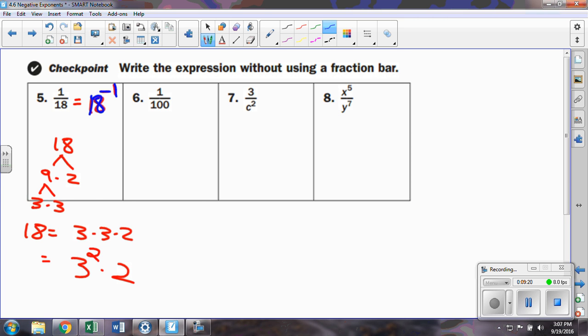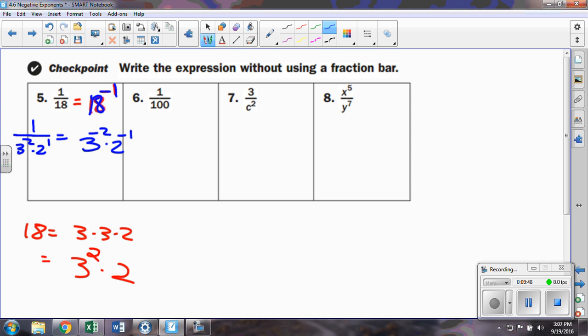Instead of being 1 over 18, we know that it's 1 over 3 squared times 2 to the first. This could be rewritten as 3 to the negative 2 times 2 to the negative 1. We could bring up both the 3 and the 2 by switching those exponents from positive to negative.